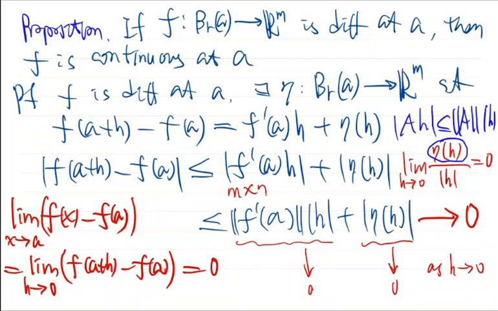So now we have introduced the differentiability of vector-valued functions. So a natural question is, what are the relations between differentiability of vector-valued functions and real-valued functions? So this proposition answers this question.